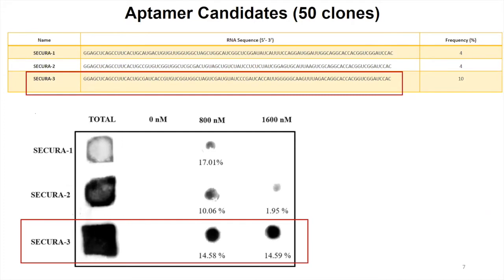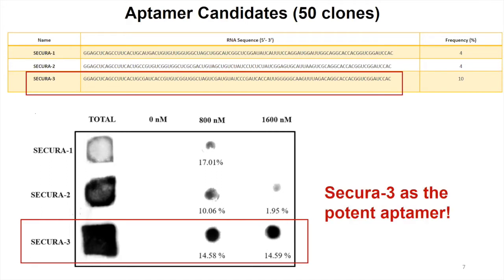And it turned out that this particular class by the name of Sekira 3 gave the best binding ability against the target protein, which were at 800 and 1600 nanomolar. And thus, we decided to choose this Sekira 3 as the potent aptamer against PTTG1.